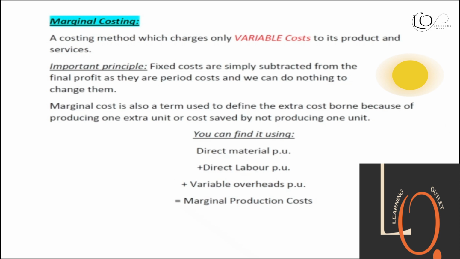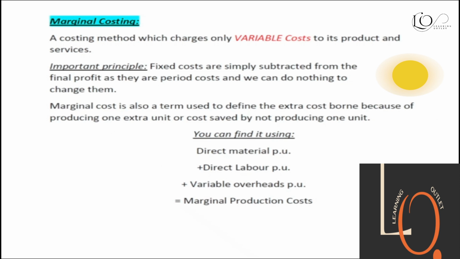So how can we find it? Very simple. You don't do anything about the fixed costs. Material plus labor plus variable overheads gives you the marginal production cost per unit. Whatever profit you get at the end, these are only the costs, right? So I'll do sales price minus the total costs, which gives me a profit. From this profit, I will remove my fixed costs at the end.